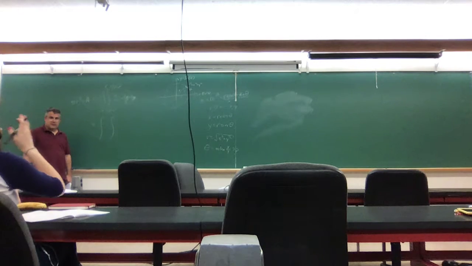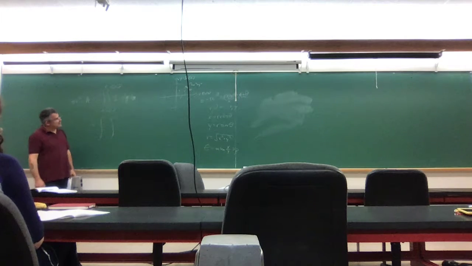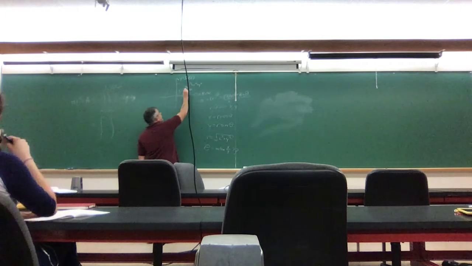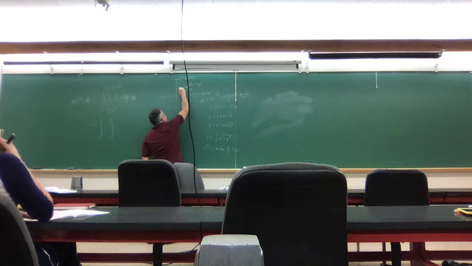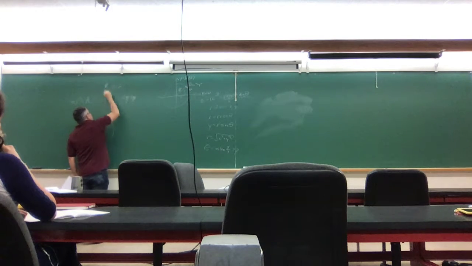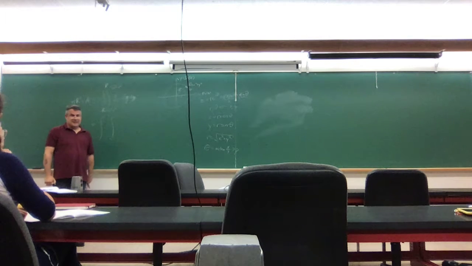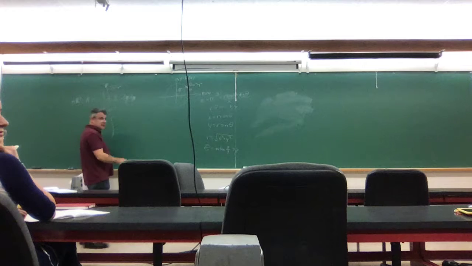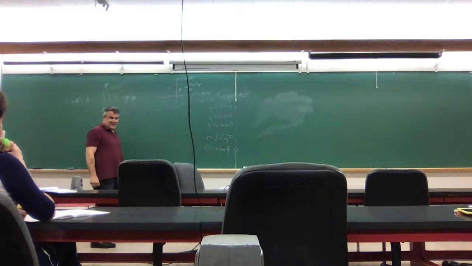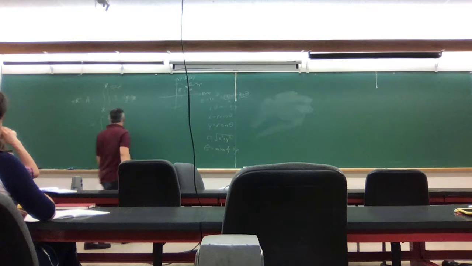The range for r will be from 0 to R, so maybe we should have capital R to distinguish it from the coordinate r. What about theta? 0 to 2 pi for this circle, because it's a circle. It goes all the way around. So it starts at 0 and goes all the way around to 2 pi.